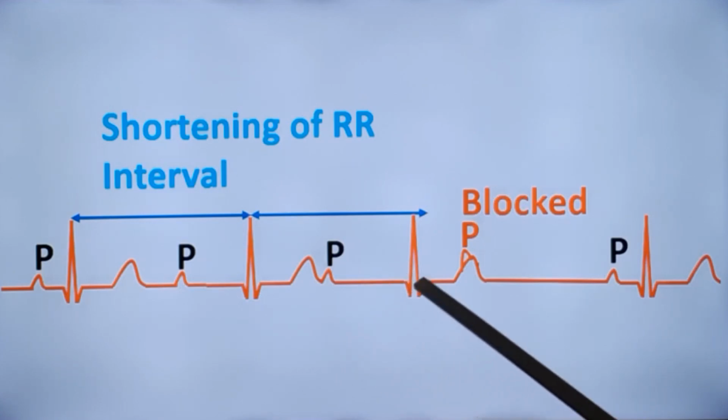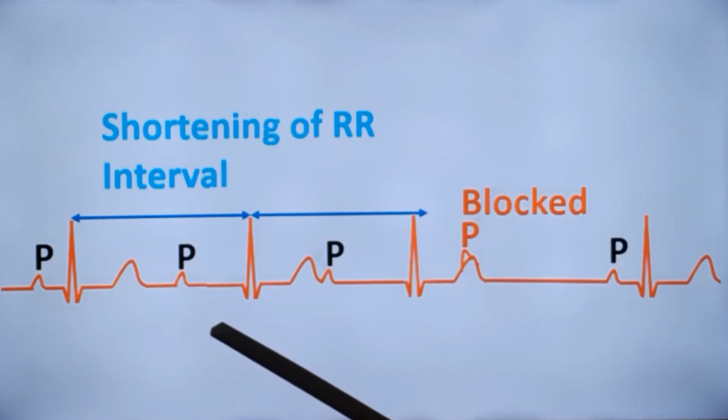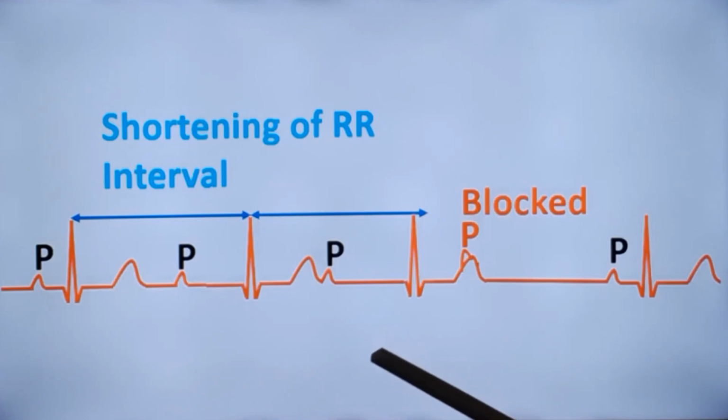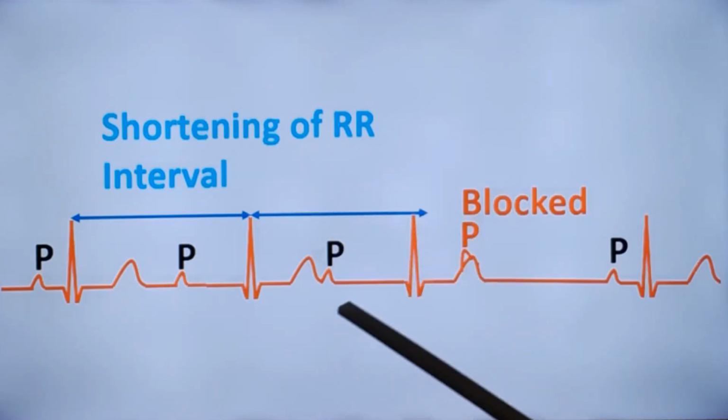That is why QRS becomes earlier, producing shortening of RR interval, a feature of decremental increments. That is, the increase in PR interval in each cycle is lesser than that in the previous cycle. That is why you have progressive shortening of RR interval.